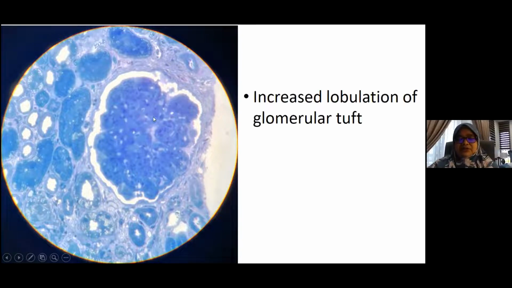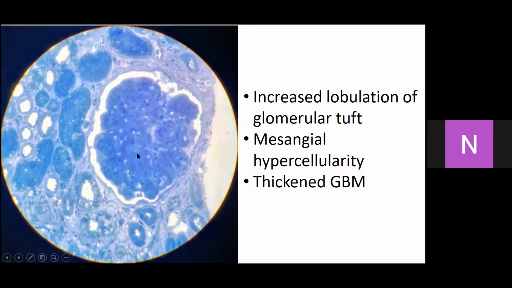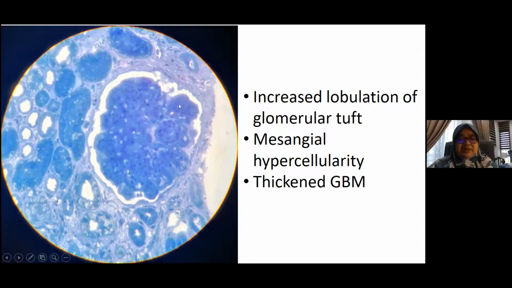And the glom looks pretty lobulated. Lobulation of the glomerular tufts, as well as, probably you're not able to see it very well here, but there is increased mesangial hypercellularity and thickening of the glomerular basement membrane as well.